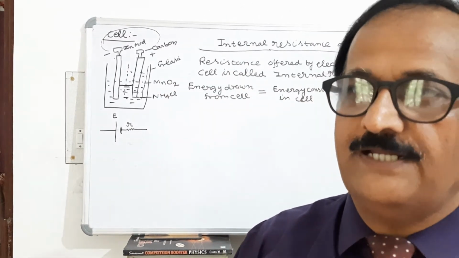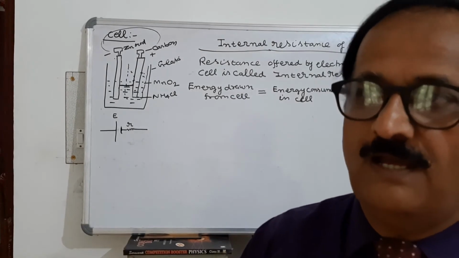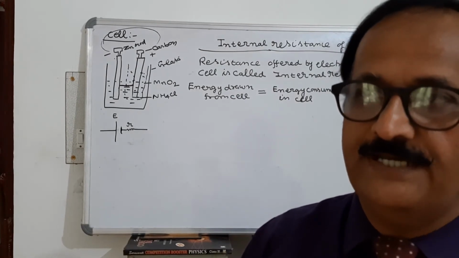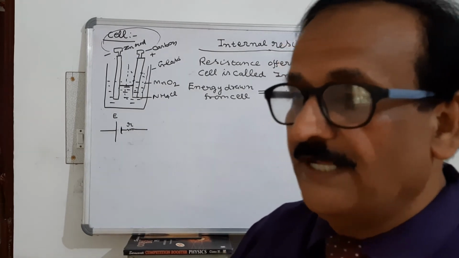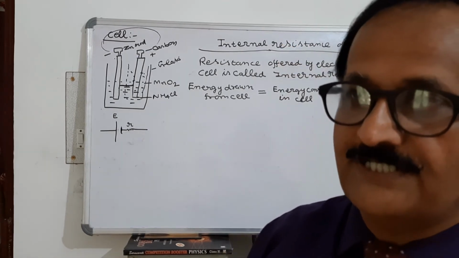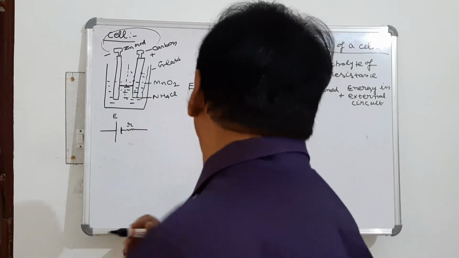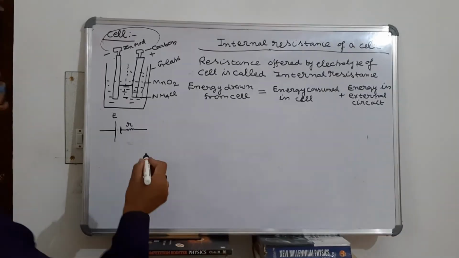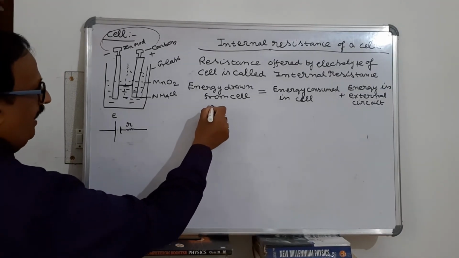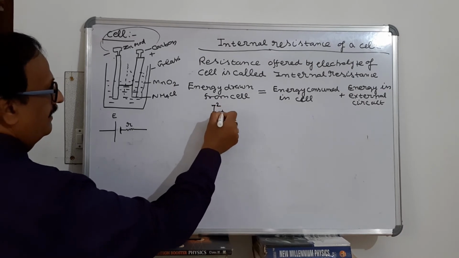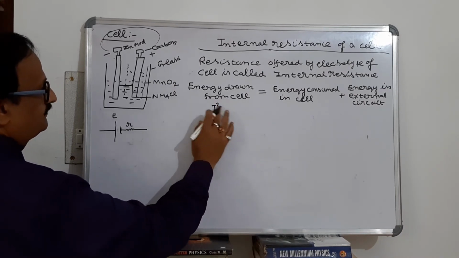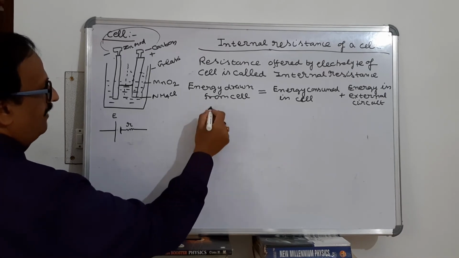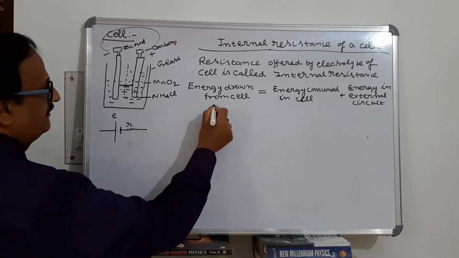And for electrical energy, I have told you 3 formulas. Energy is equal to I square RT, energy is equal to V square upon R T, energy is equal to VIT. If internal resistance is small r and external resistance is capital R, then the energy drawn from the cell, I will write as EIT.